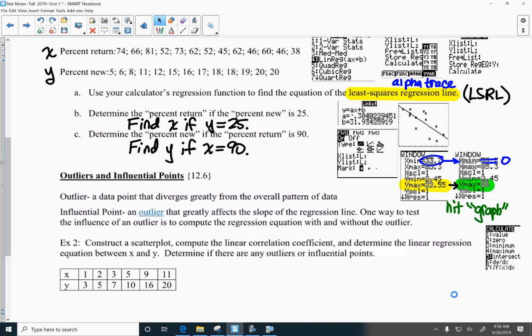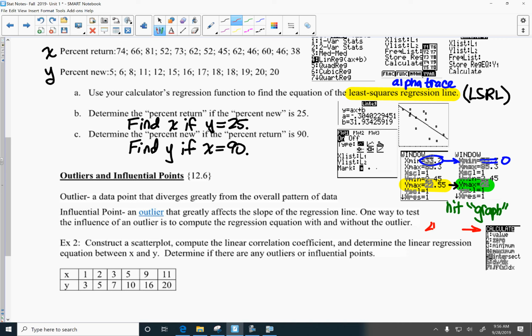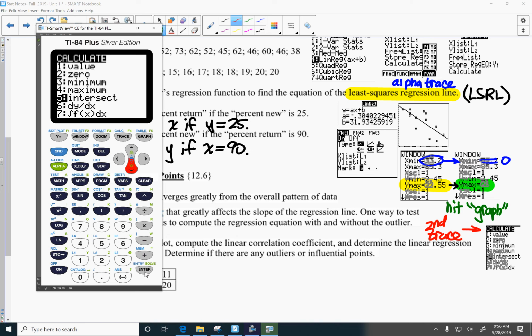All right, so again, that's second trace, and then select option 5, which is intersect. Once you select that, it asks you for the first curve, then it'll ask you for the second curve, and then it'll ask you for a guess.